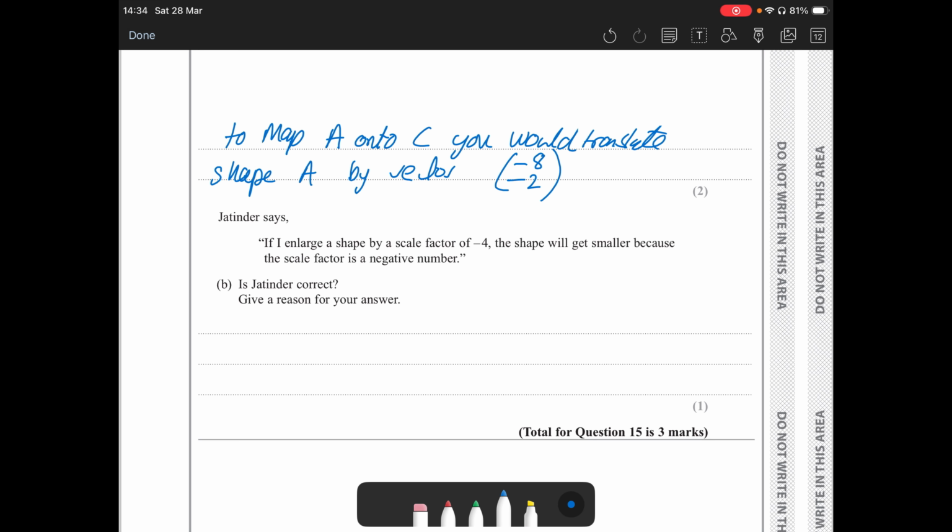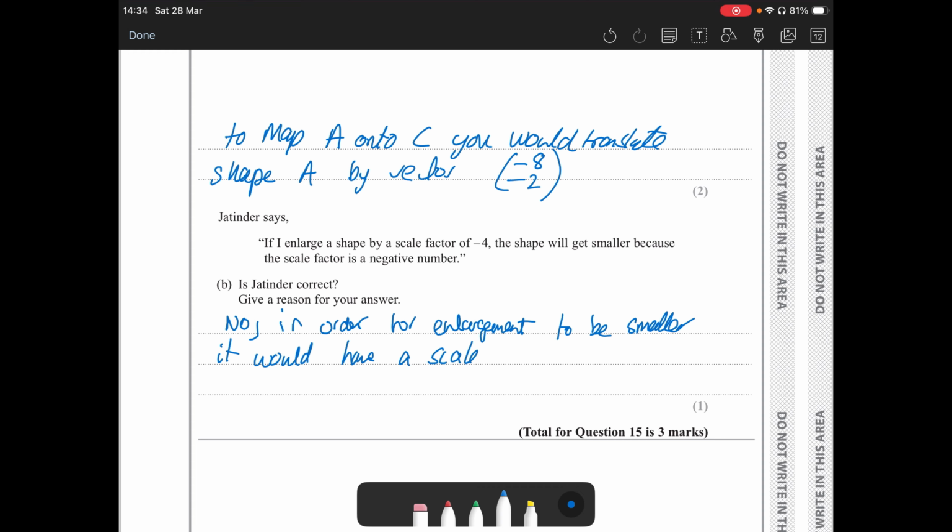If I enlarge shape A by a scale factor -4, the shape will get smaller because it's... Okay, no. In order for an enlargement to be smaller, it would have a scale factor between -1 and 1. Yeah, so basically the idea is it has to be a number less than 1 but bigger than -1.